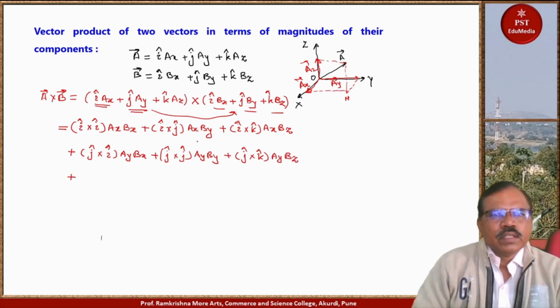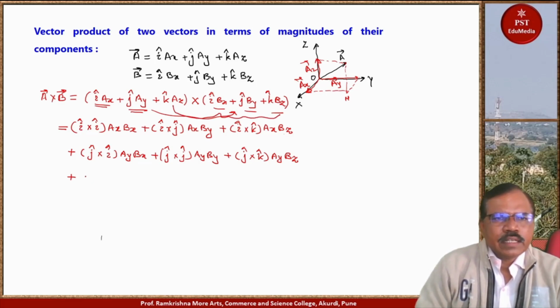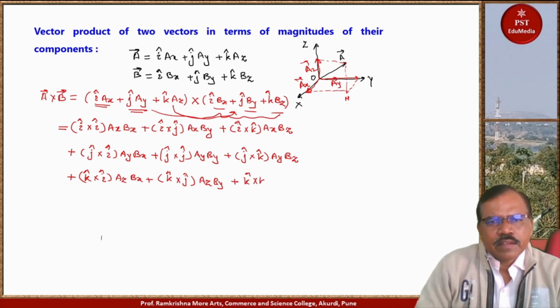Plus now the third term with all these three, so we get K cross I az bx plus K cross J az by plus K cross K az bz.